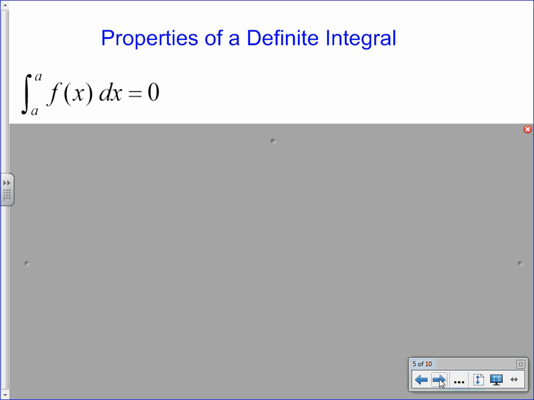Well, I guess this one you don't know yet. The integral from a to a. If I'm finding the area under the curve, I start at a and end at a. How much did I calculate? Nothing. So if your definite integral starts and ends at the same place, there is no area.